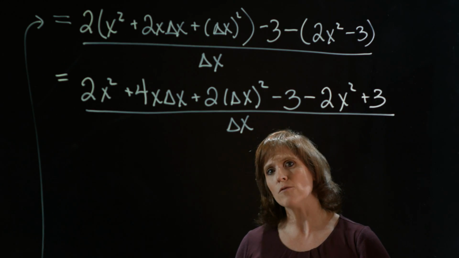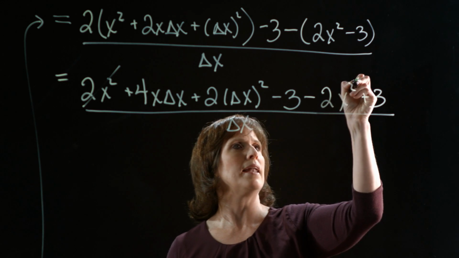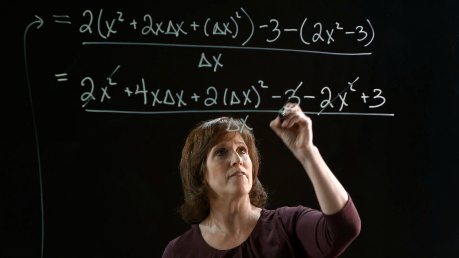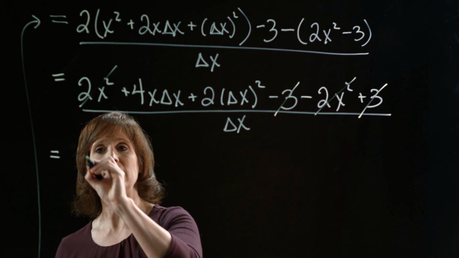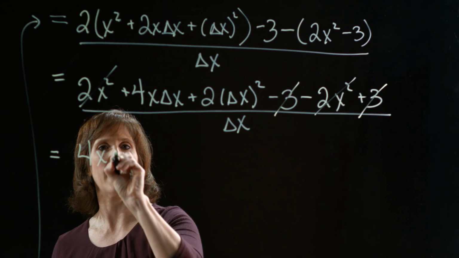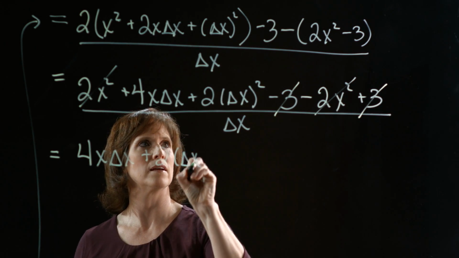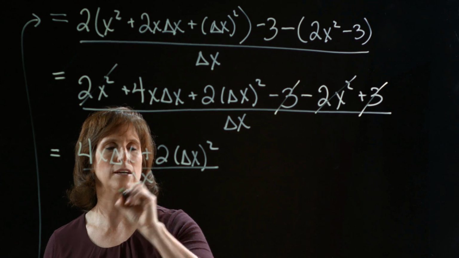Now I notice that I have several terms that I can combine. There's a 2x squared and a minus 2x squared, which will add together to be 0. And in a similar way, I have a minus 3 and a plus 3. That leaves me with a 4x delta x plus 2 delta x squared all over delta x.